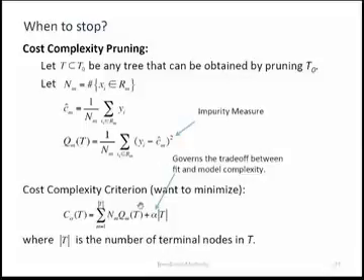What you're trying to do here should look very similar to what you've seen before. You are trying to minimize what we call the cost complexity criterion. This is a function of the following. The cardinality of the subtrees denotes the number of terminal nodes in the tree, so it considers all terminal nodes.